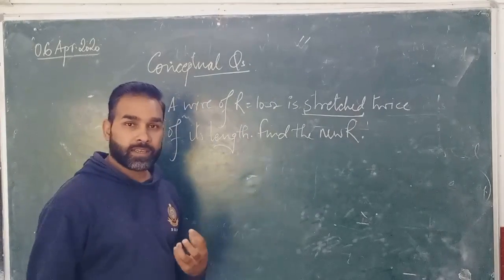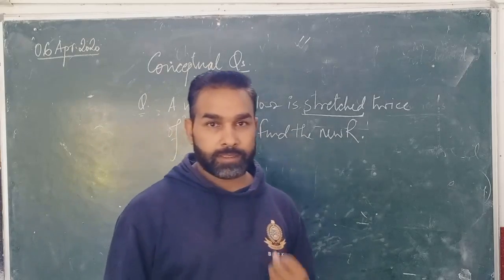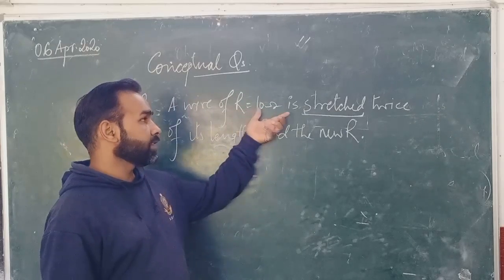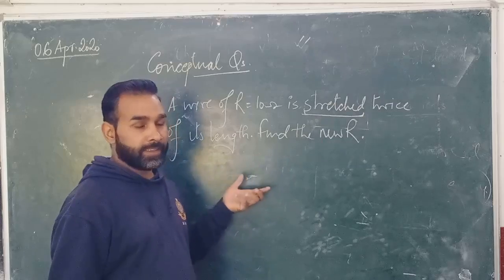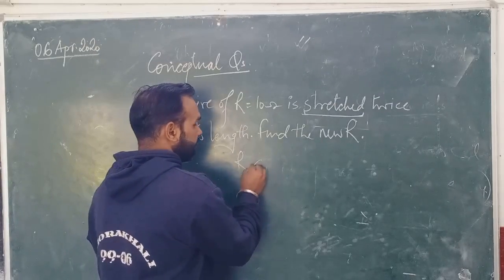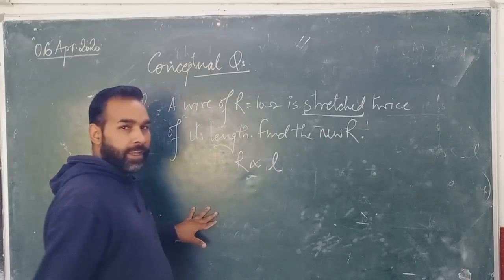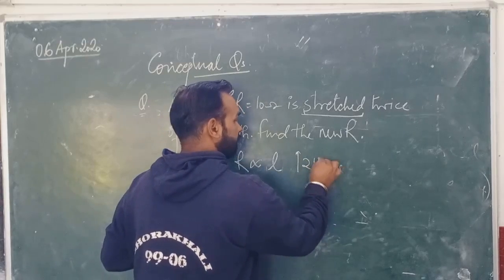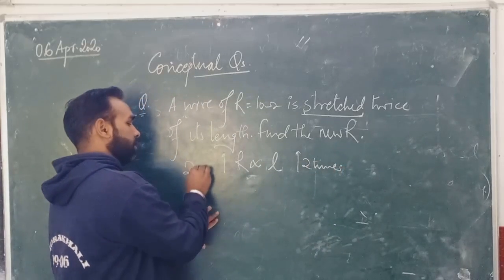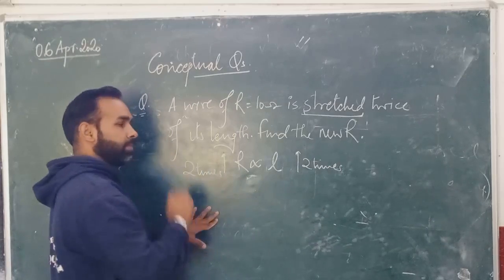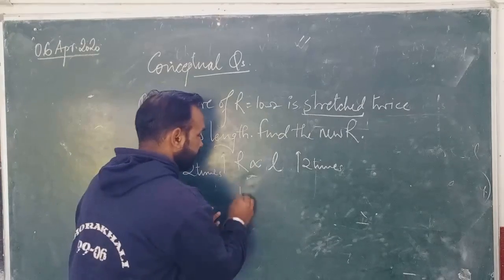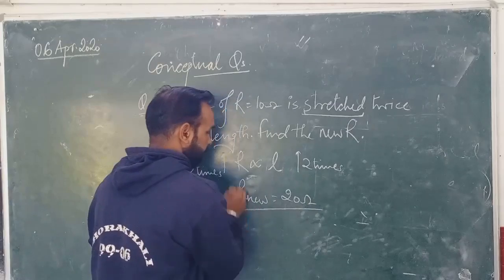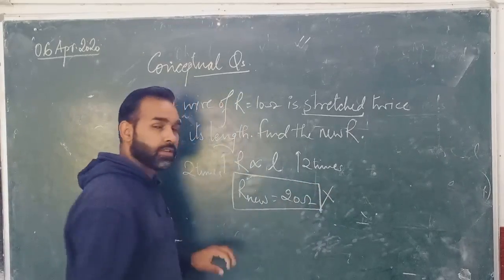The general mistake made by students is that they read the question and get the concept that R is directly proportional to L. Since L is increasing 2 times, R will also increase 2 times. So they write R new as 20 ohm. This is wrong.